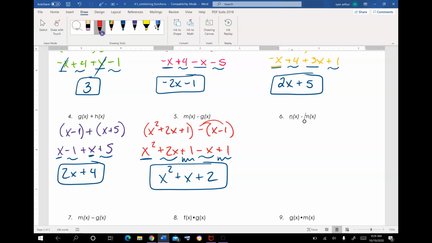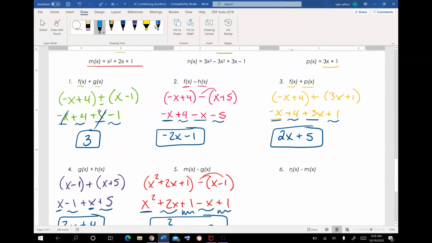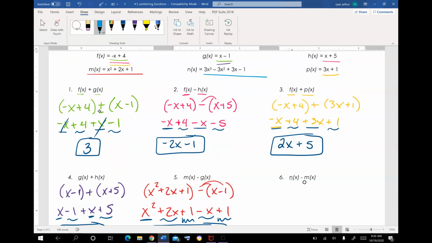Okay? All right, let's do another subtraction. We got 2 more subtractions, and then we might make that a multiplication down there. All right, here we go. So this is n of x minus p of x. So n of x is right here. Minus m of x, which is right here.